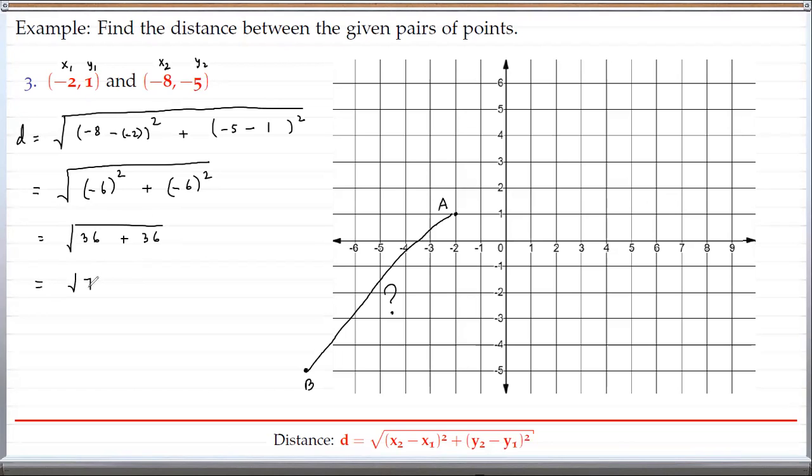So this is the square root of 72. And 72, we can write that as 6 squared times 2, or 3 squared times 2 squared times 2. From 2 squared, we can take 2 out. From 3 squared, we can take 3 out, and we are left with 2 inside the square root. So this becomes 6 square root of 2. So this is the distance, 6 square root of 2. And again, we can use our calculator if we want to get it in decimal form.